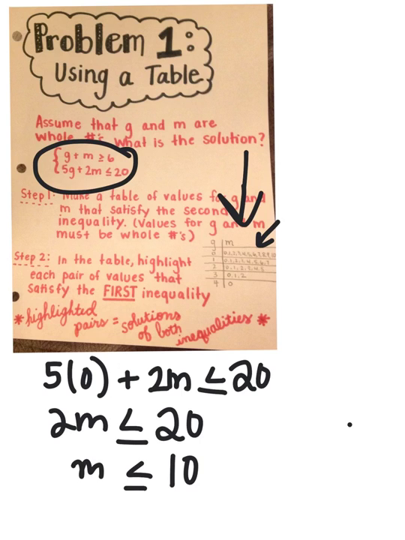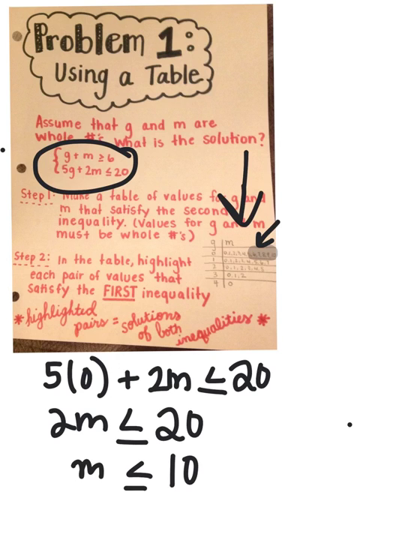Now, for step 2, we're going to look at the table and highlight each pair of values that satisfy the first inequality. So now we need to go back up and look at the first inequality to see which values to highlight. I know that I am going to end up highlighting 6 through 10. I'm sorry, I know it's kind of hard to see. Let's look at this a little bit closer.